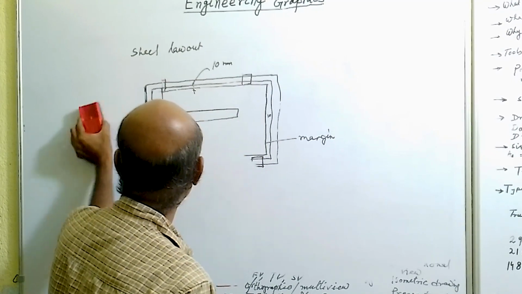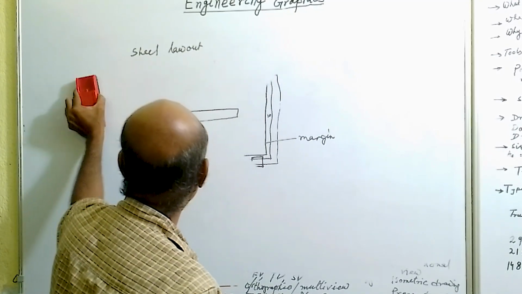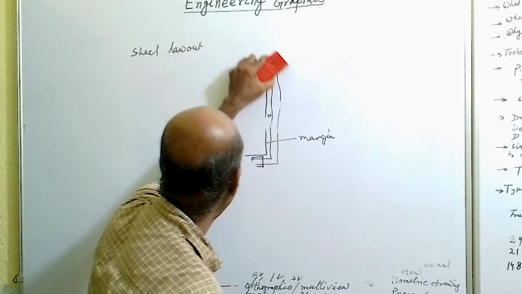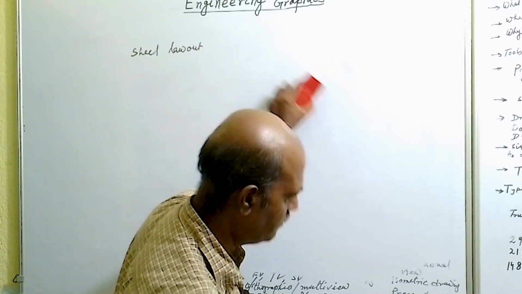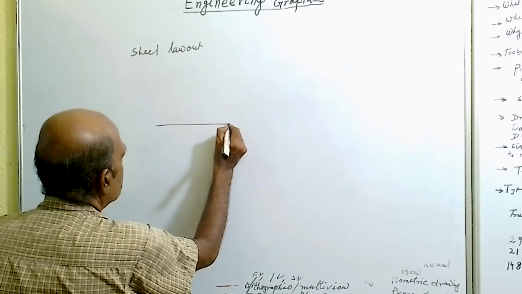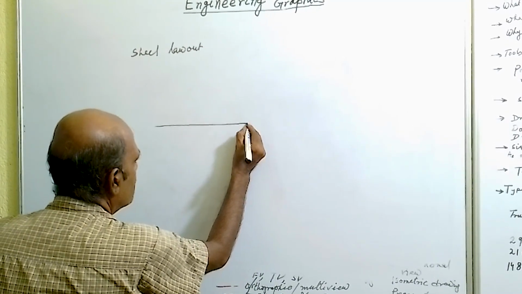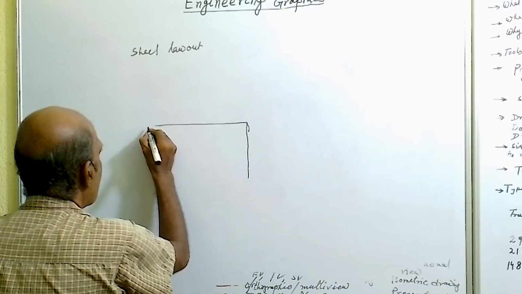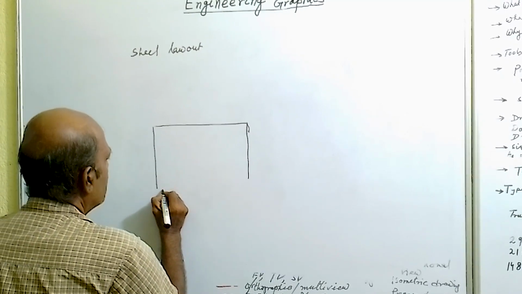So we have drawn the margin. Over the board we have placed the sheet and drawn the margin. This is the drawing sheet and the margin is already drawn.